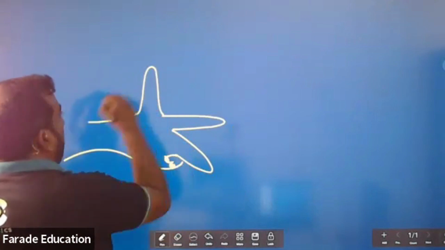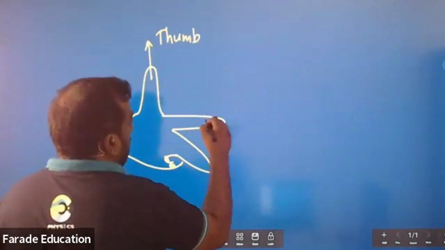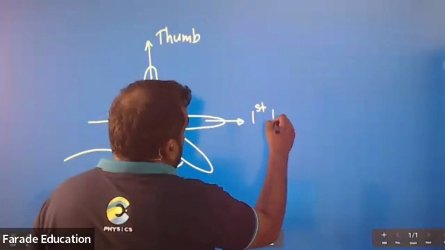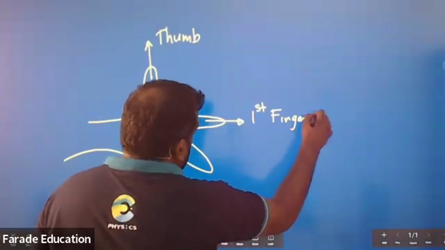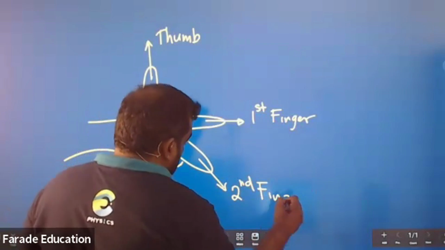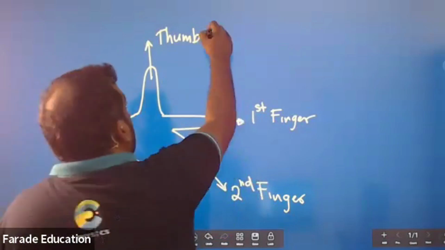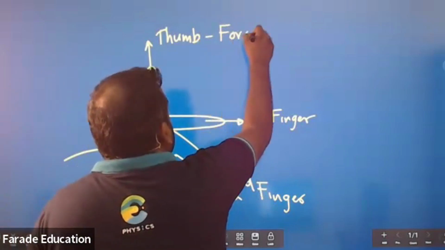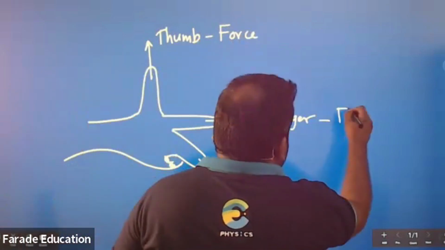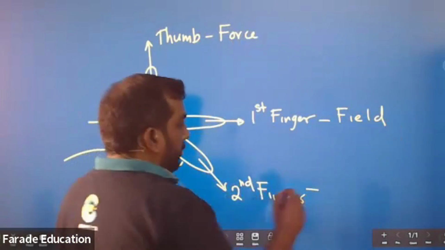If you keep them perpendicular to each other, the thumb will give you the direction of force, the first finger will give you the direction of field, and the second finger will give you the direction of current.